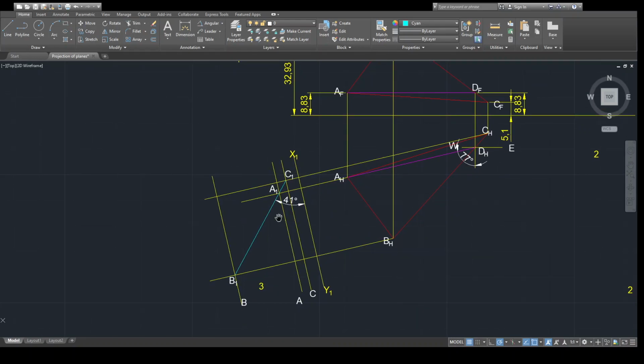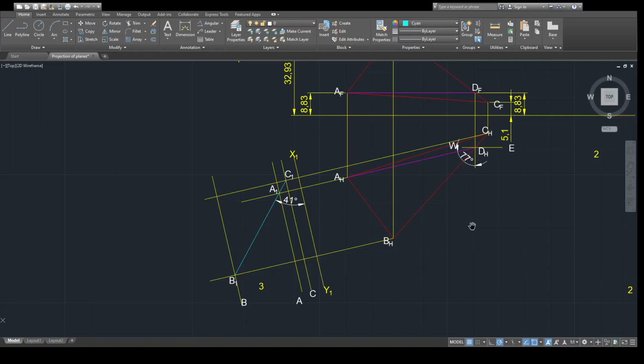You will get the edge view of plane ABC. So join all the points and you get the edge view. Now measure the angle of this edge view or dip line with respect to the X1Y1 plane, that is 41 degrees, which is nothing but the dip angle.